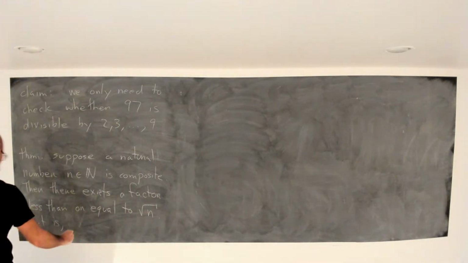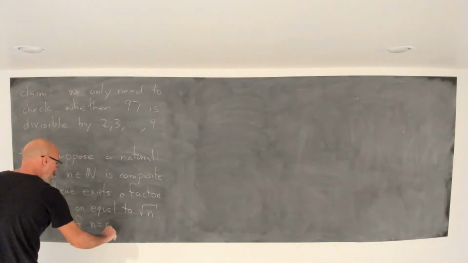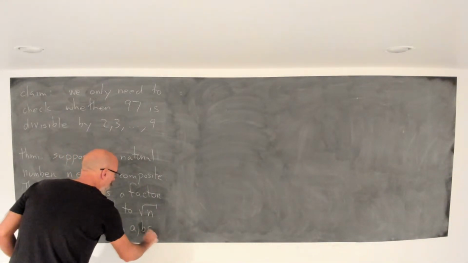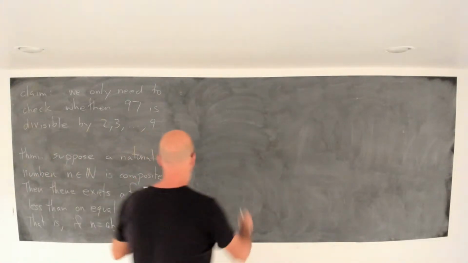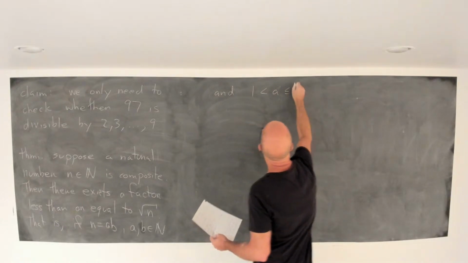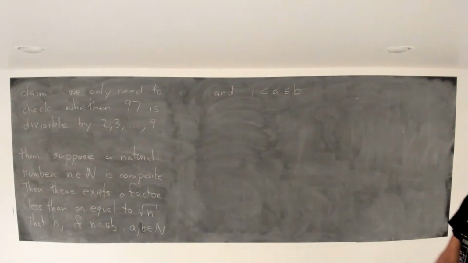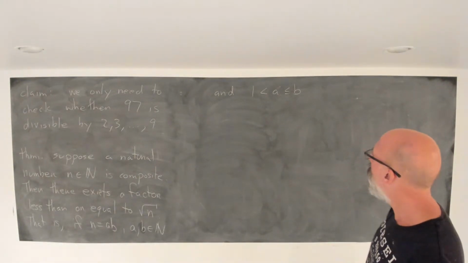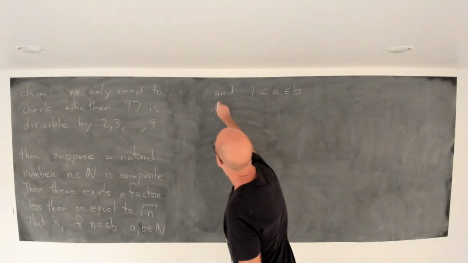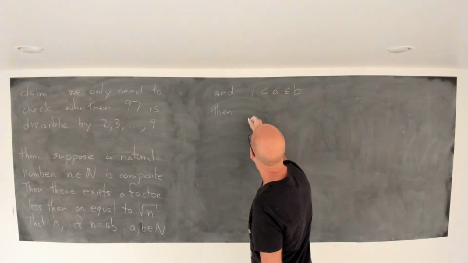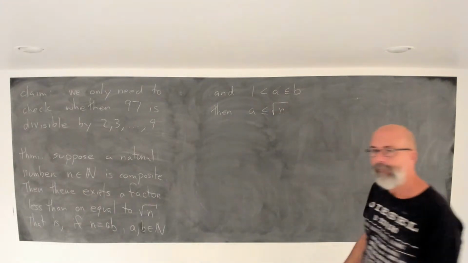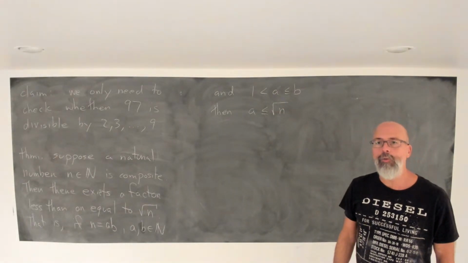That is, if n is equal to AB, where A and B are natural numbers, and A is the smaller of the two, and A is not equal to 1, then A has to be less than or equal to root n.